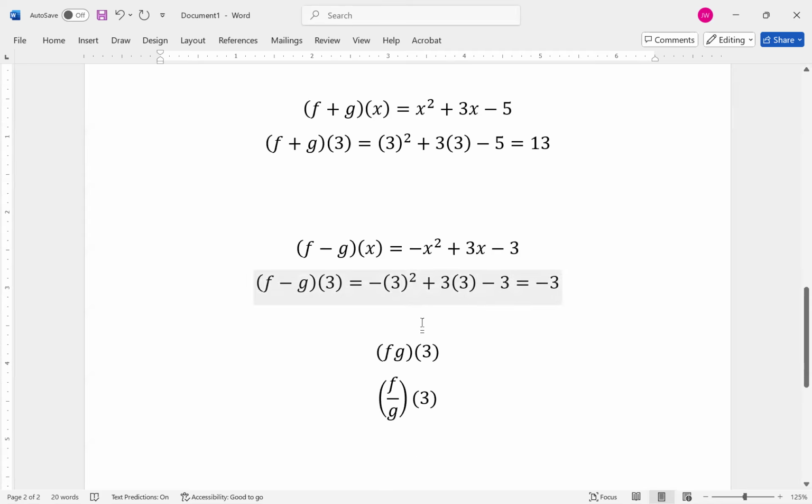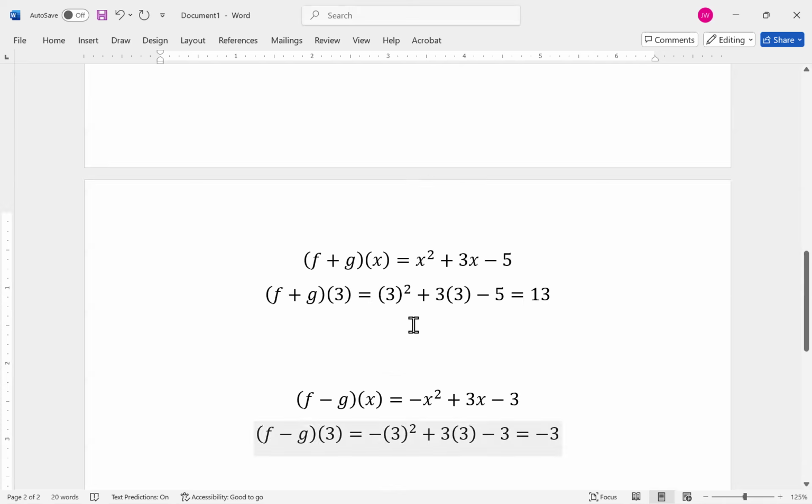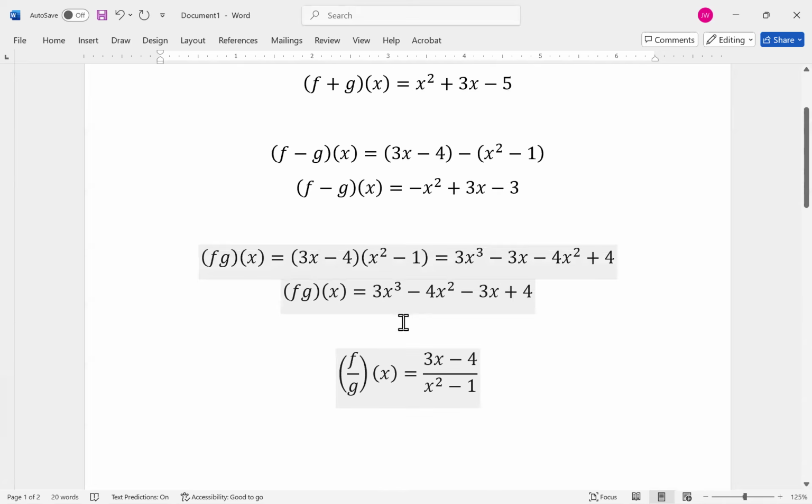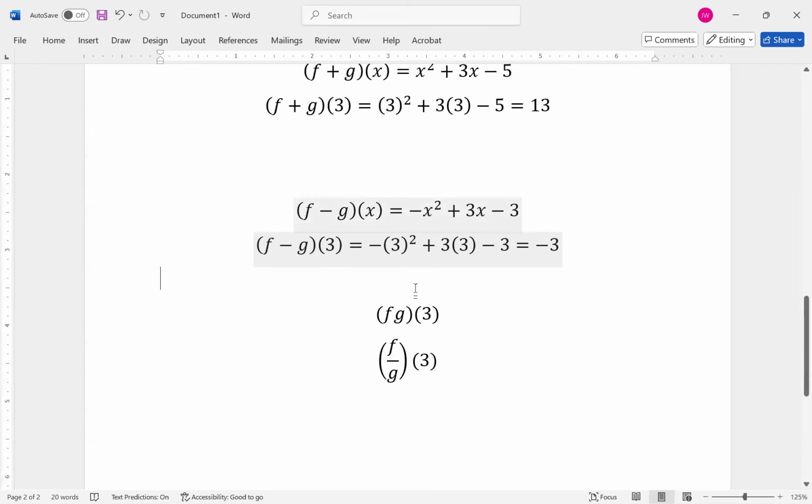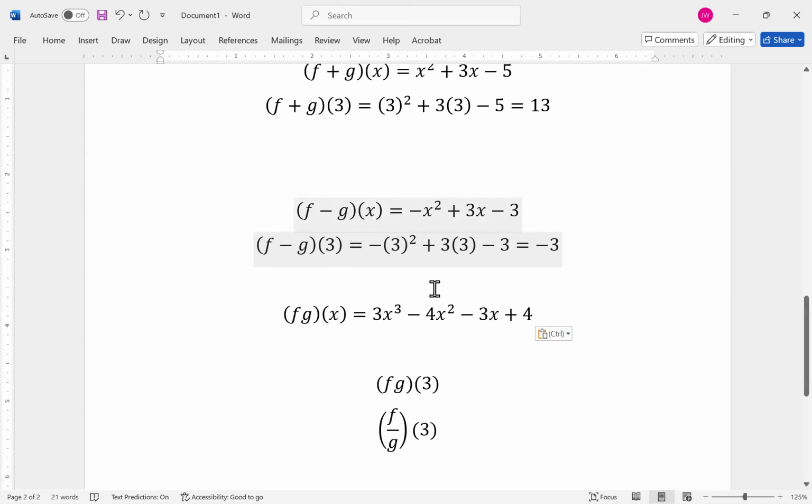Same thing with f times g of 3. Our previous work showed that f times g of x is equal to 3x to the third minus 4x squared minus 3x plus 4. So all I would have to do is take that expression and plug in 3.